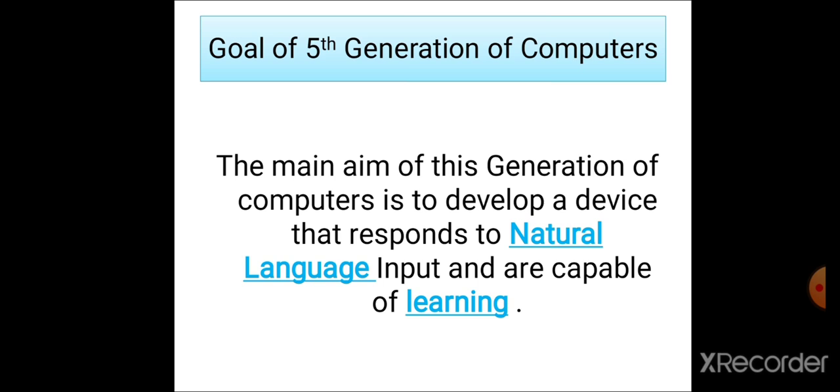For example, you can ask Alexa, can you tell me about India? So it gives you information about India. That is Alexa, the fifth generation of computer. It is recognizing your voice and it can tell you what you have asked for, right? They are examples of fifth generation computers.